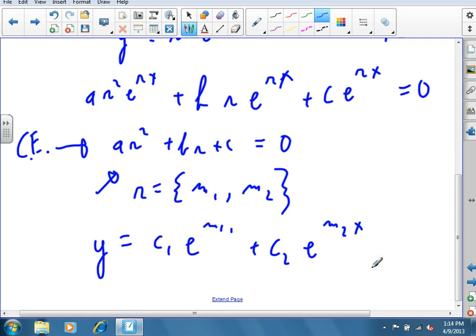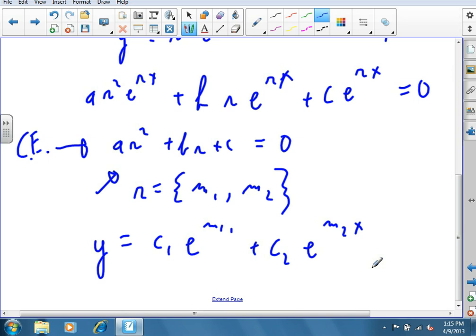That's just going to be my answer. So I'm going to take a second order differential equation, find its characteristic equation, solve for its roots, and then write down my answer. That's all I'm going to do, unless I want to check my work to see if it was true.